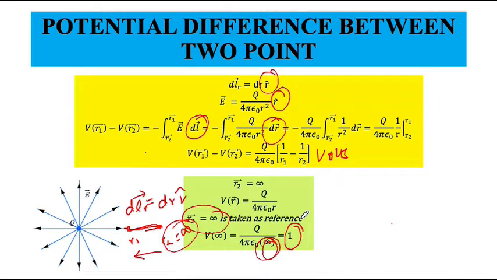In other words, what I can do is take R2 equals infinity as the reference for me to measure voltage. It is like sea level and the mountain, except that sea level is pushed away to the edge of the universe, the point at infinity, so that the potential at any other point in space can now be called absolute potential.